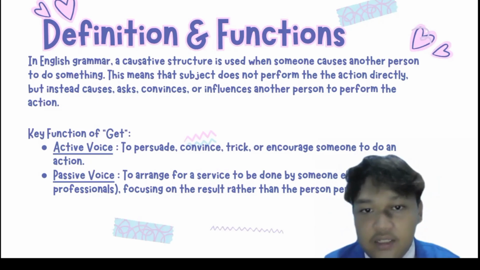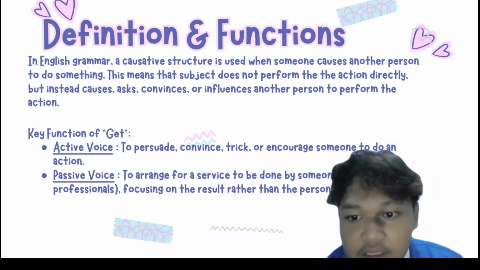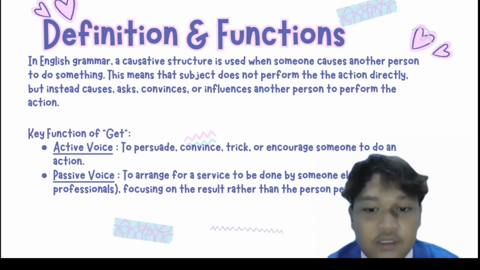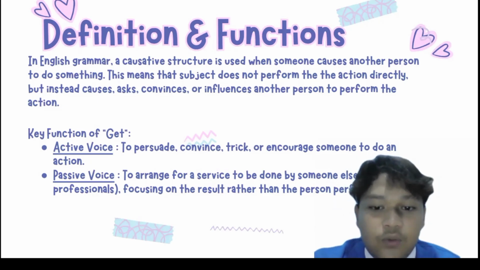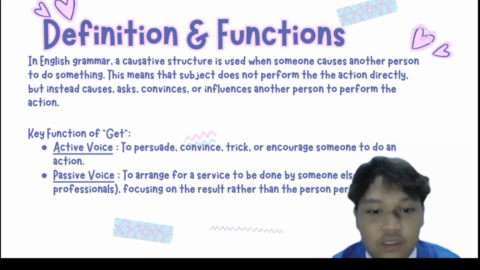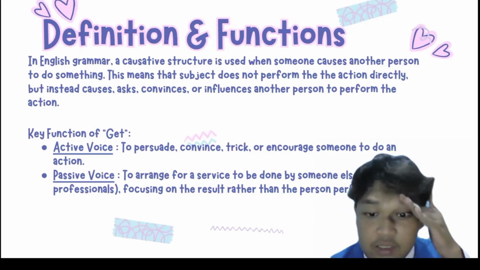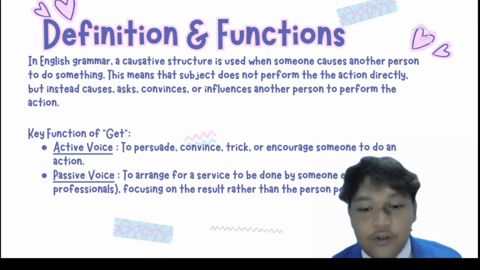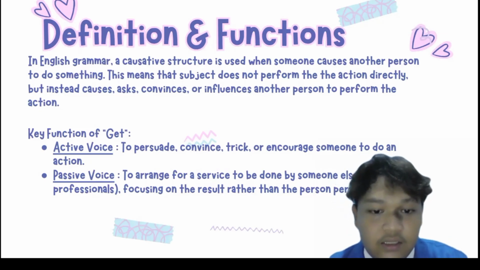The causative verb get basically has two main functions. First, in active voice, we use it when we want to show that we persuade, convince, trick, or encourage someone to do something. And second, in the passive voice, it is used to arrange for a service to be completed by someone else, usually a professional. In this case, we focus more on the final result rather than who did the job.